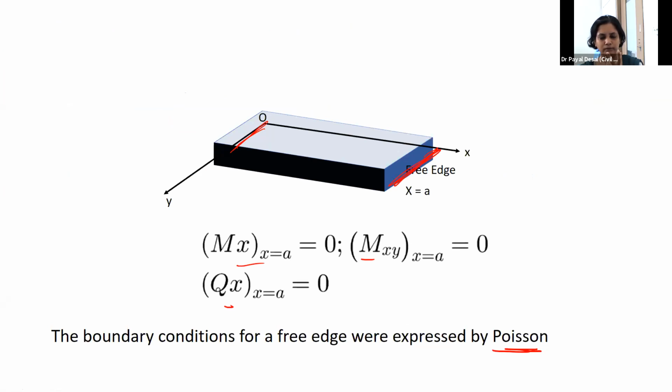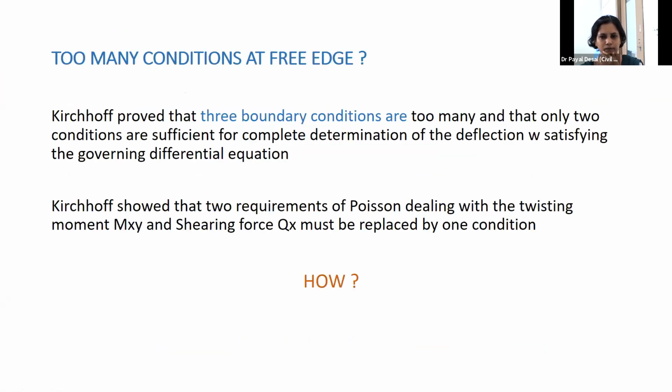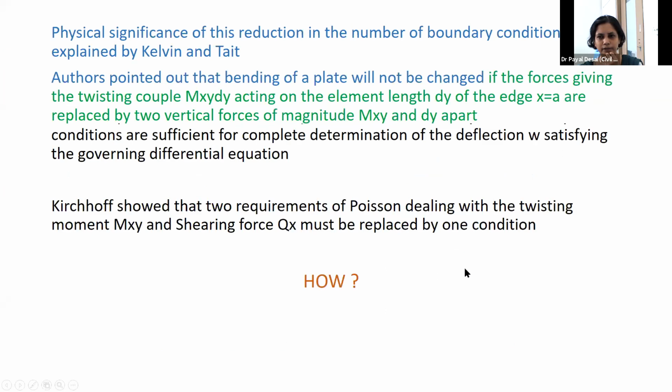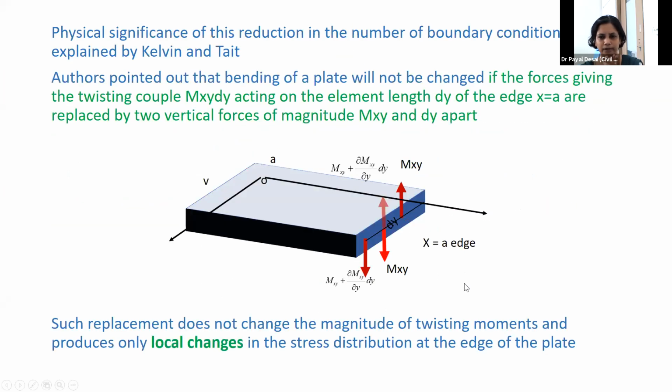We need to go from three to two, so I replace Mxy with a force couple instead of a moment of the same magnitude. If I know the magnitude of the moment, I can replace it in the form of a couple, so the numerical magnitude will be the same. Whether you replace it with a couple of forces or with a moment of the same magnitude, it is the same, and that's the logic behind this.